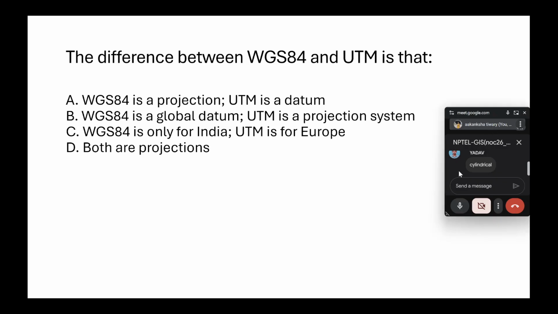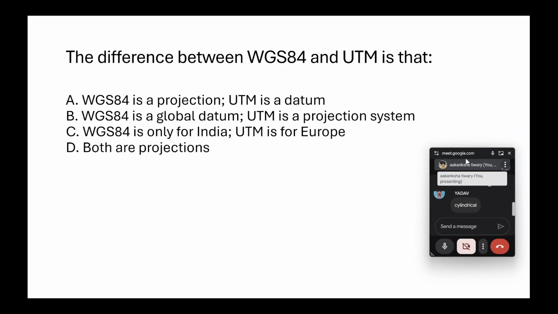So the next question is, what is the difference between WGS 84 and UTM? So the first option is WGS 84 is a projection and UTM is a datum. Second is WGS 84 is a global datum and UTM is a projection system.